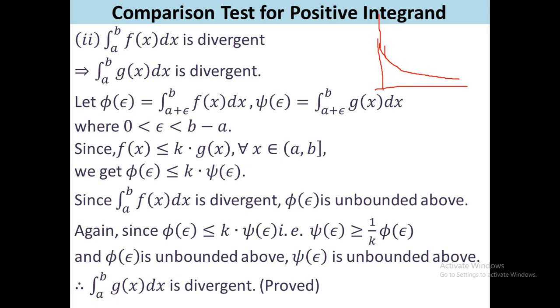It is convergent if and only if psi of epsilon, the integration from a plus epsilon to b, is less than some finite quantity. Since it is unbounded above, it is not less than some finite positive quantity, therefore it is divergent. You can use the test for positive integrand also. This is the convergence test.